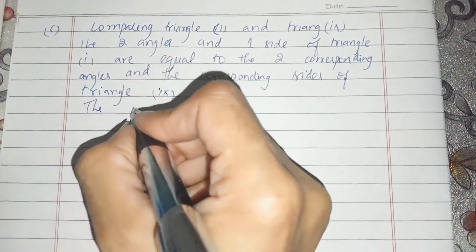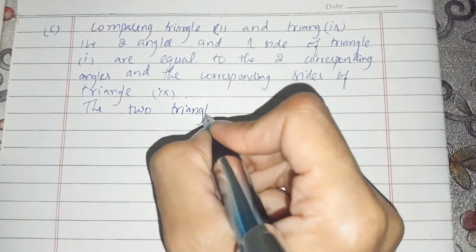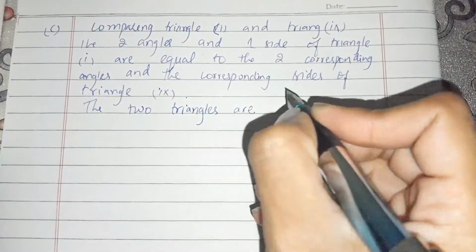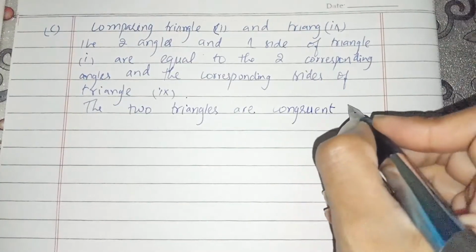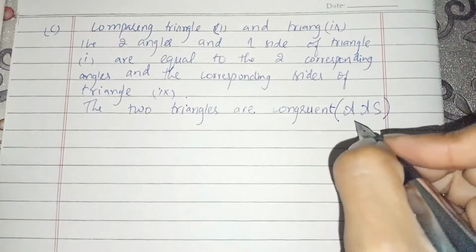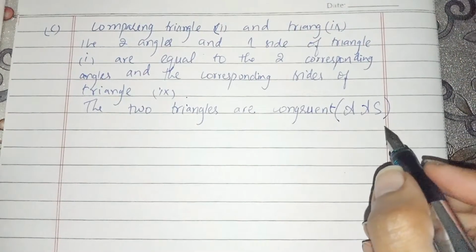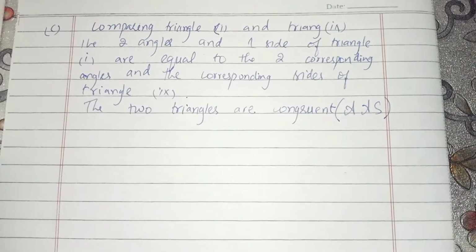It means the two triangles are congruent, and side angle side, and this test is applied on it, angle and side.